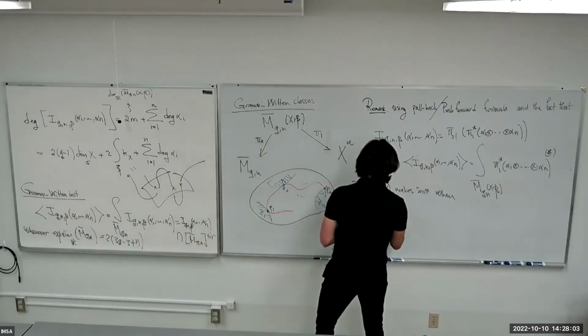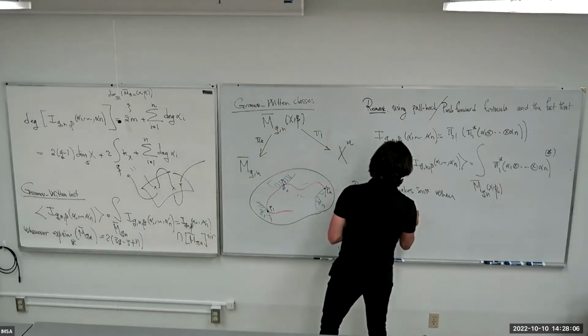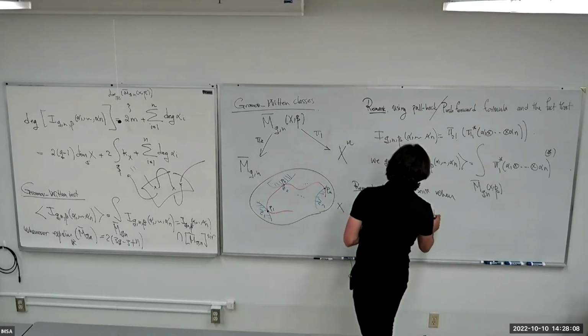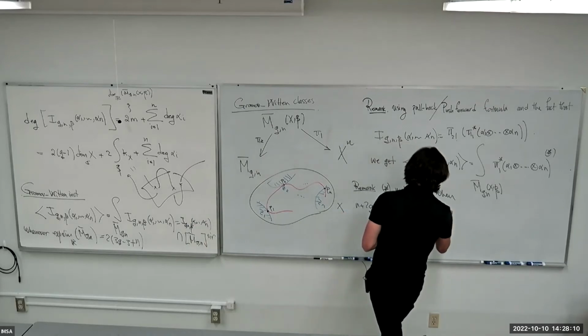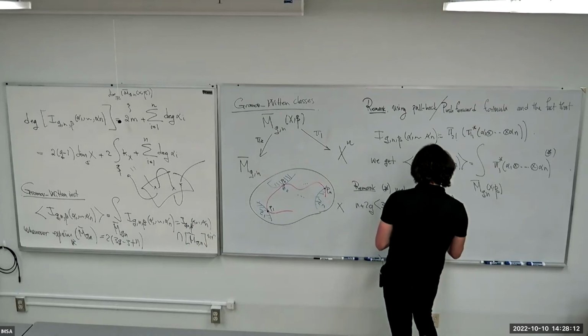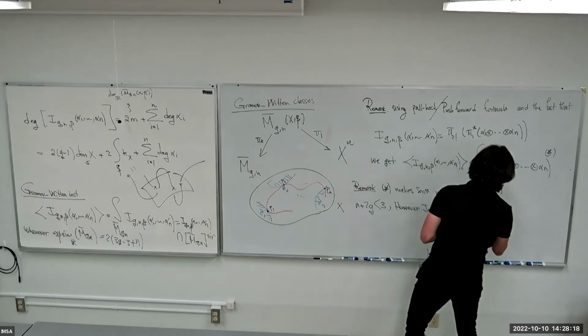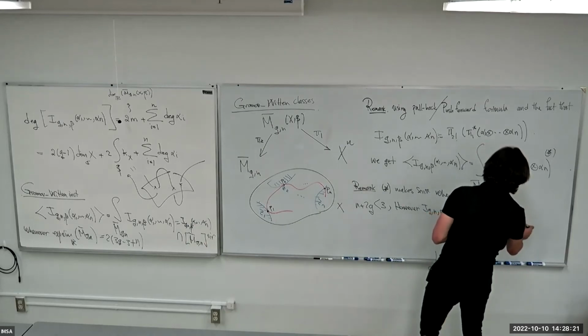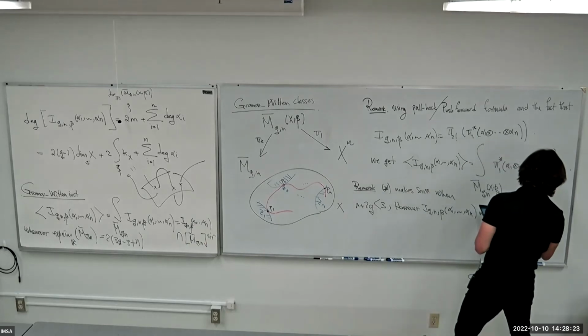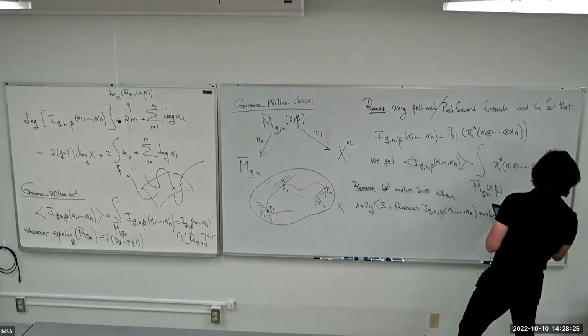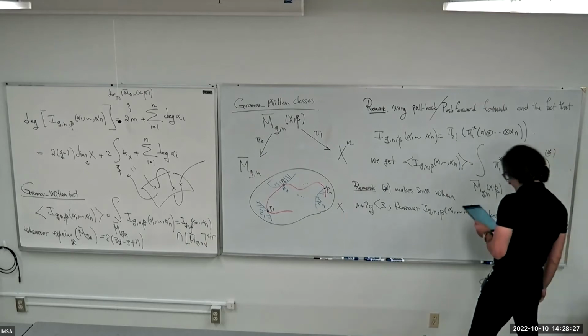However, I_{g,n,beta}(alpha 1 to alpha n) makes sense only for n plus 2g bigger than or equal to 3.